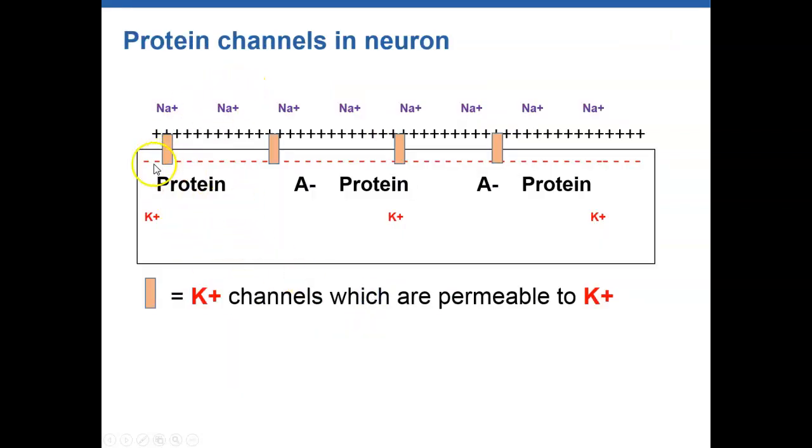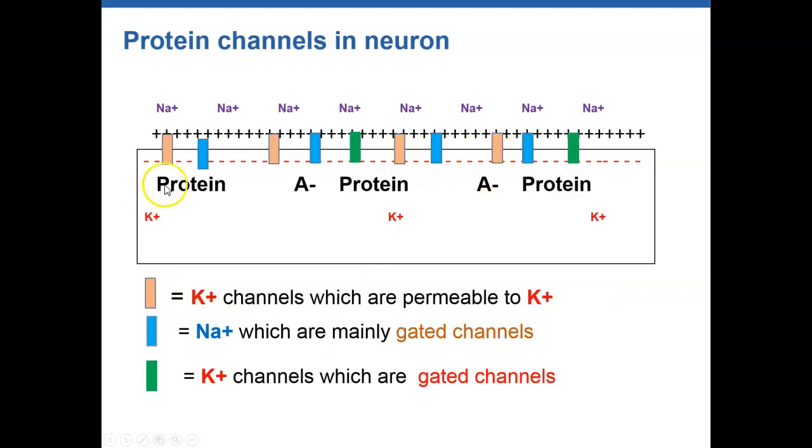And so we're talking about a cell membrane. In all cell membranes, we have protein channels that allow different molecules to move through. So we have potassium channels, and that's what these are right here. They're just showing an example of what a potassium channel looks like. We have sodium channels.